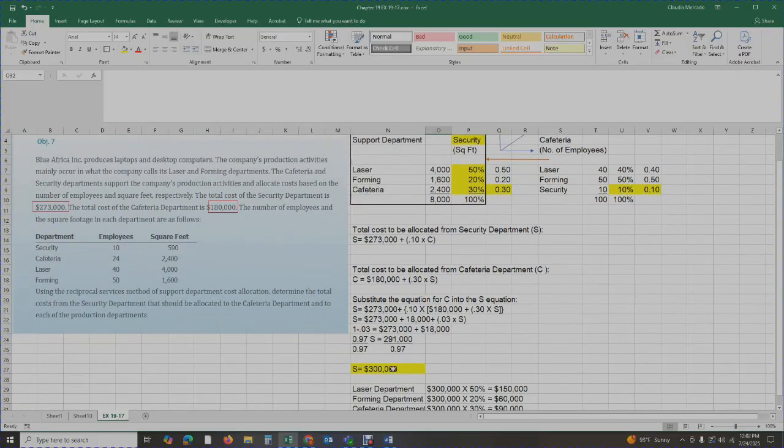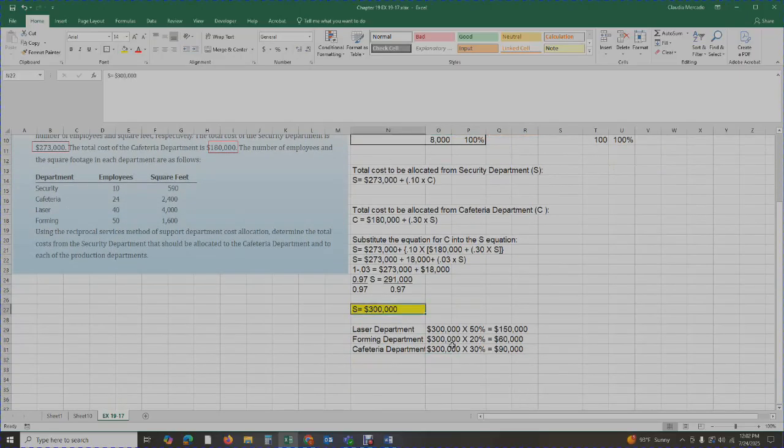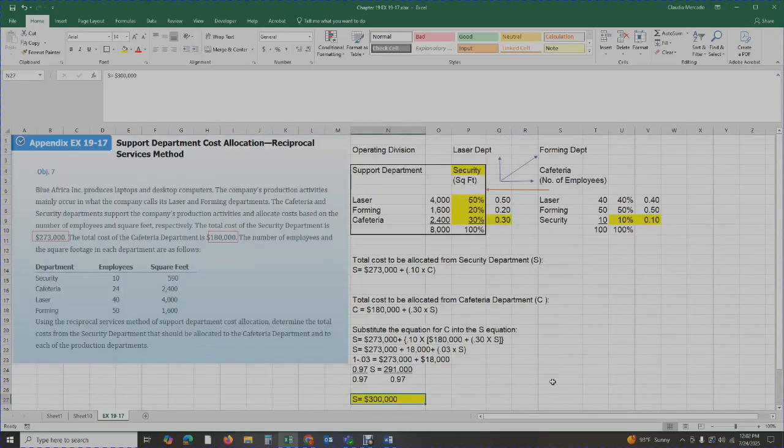Now that I know my total cost for my security and the allocation portion of the cafeteria to the security, I can allocate my total cost of 300,000 to the three departments: the laser department, the forming department, and the cafeteria department. Okay, so this is what each of the departments is going to be charged for my security services.